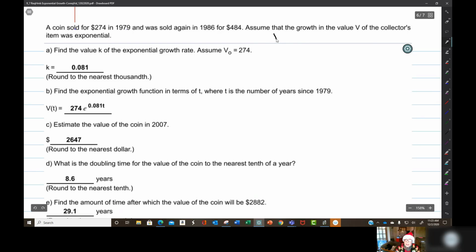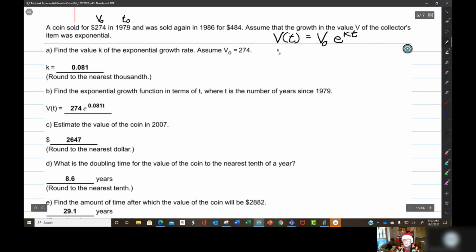We can say our general formula is going to be V of t equals V naught times e to the kt. Initial value, initial being when you started looking at this situation. So 1979 would be t naught, when time began for this particular problem. And V naught is going to be 274.